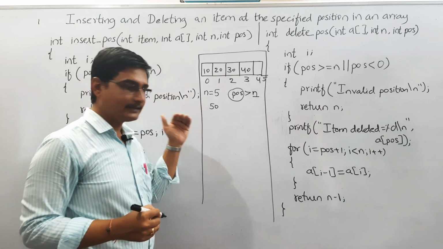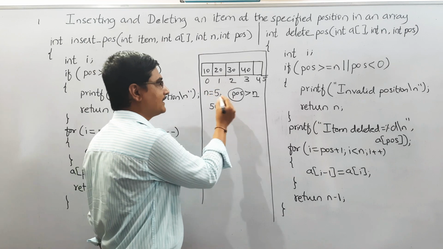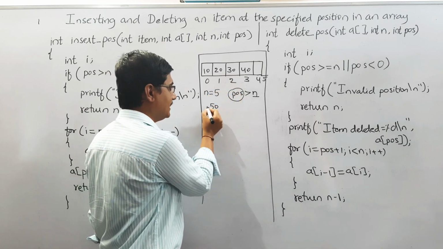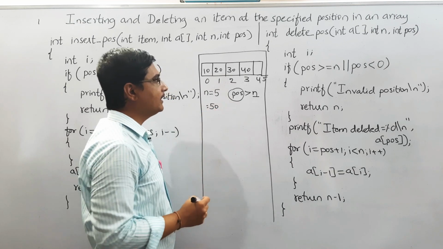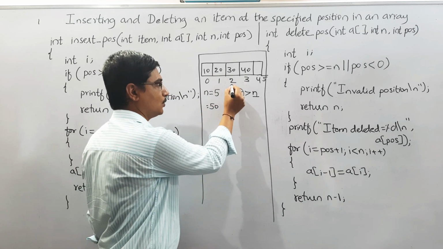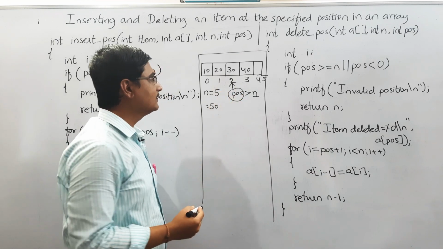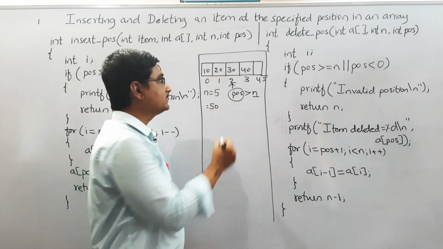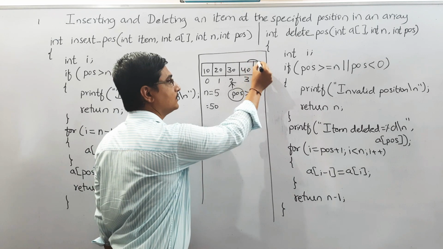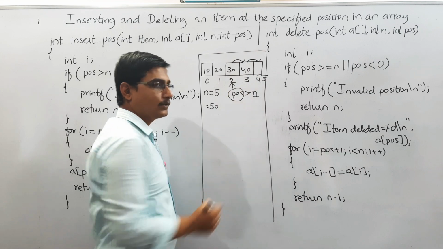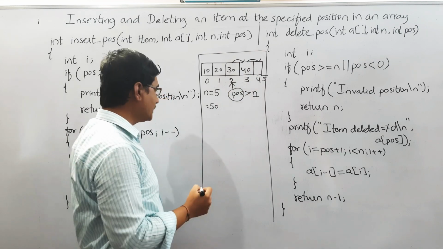We will design that later. Then say, for example, if I want to insert element 50 in location 2. Location 2 means the third element. Then what I need to do is shift this to the next location. How can I do that?